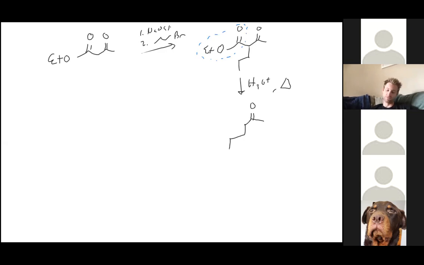We can also do this in 2 steps like we could the other one, or as a double alkylation like we could the other one.